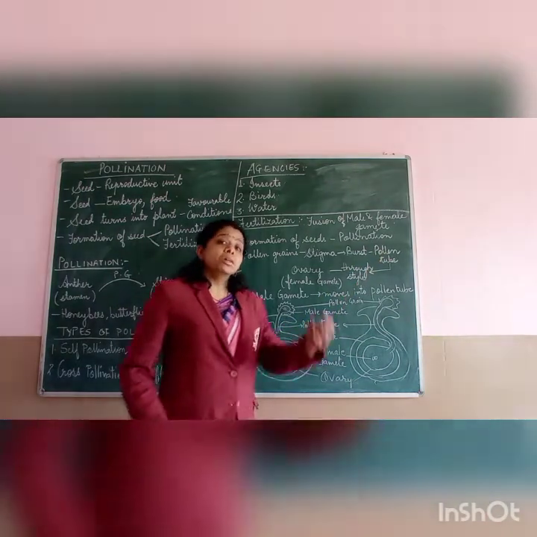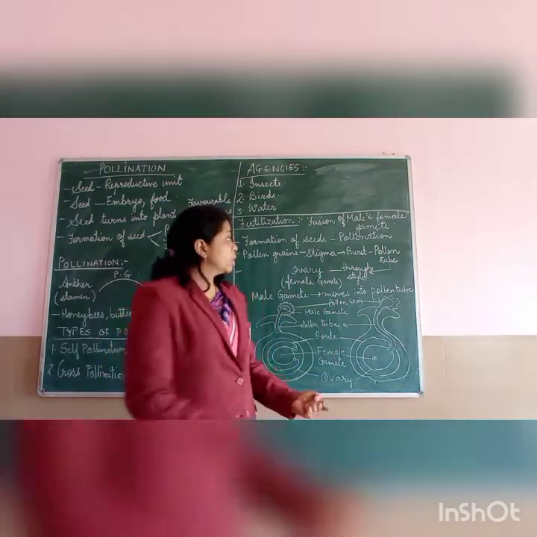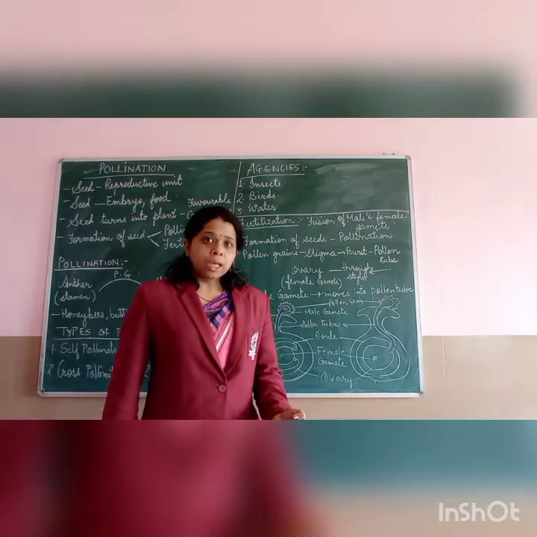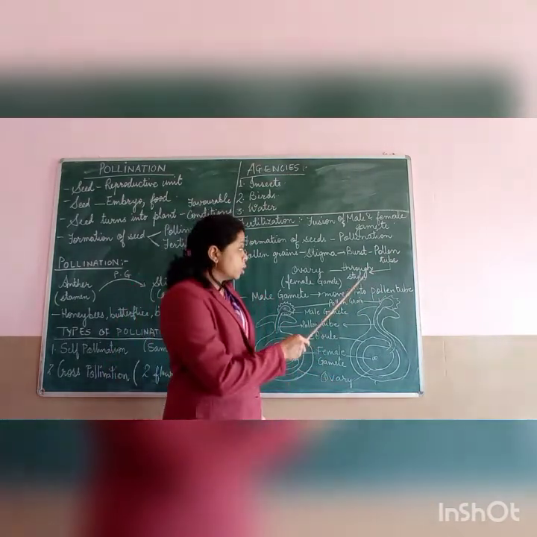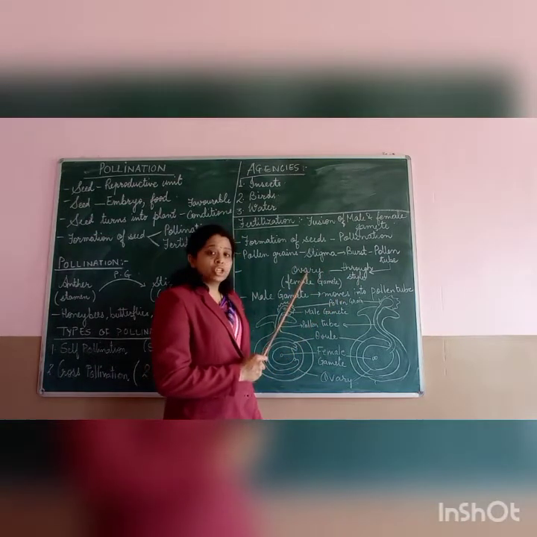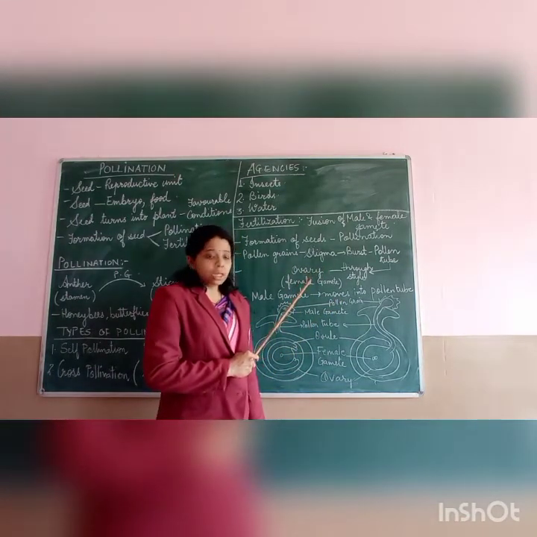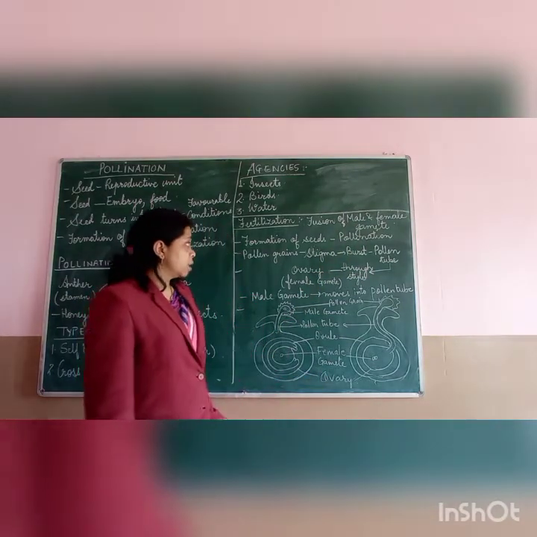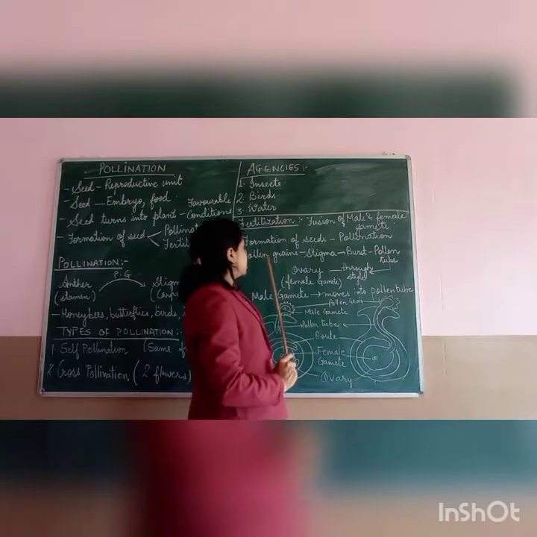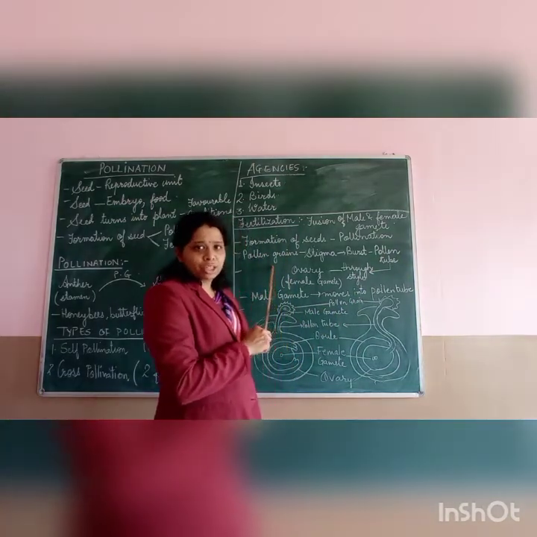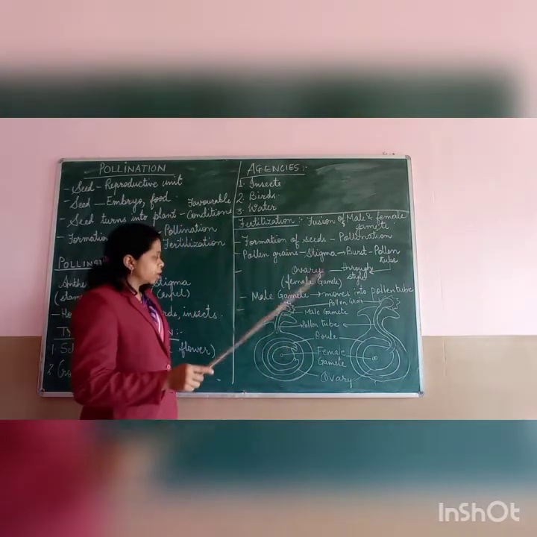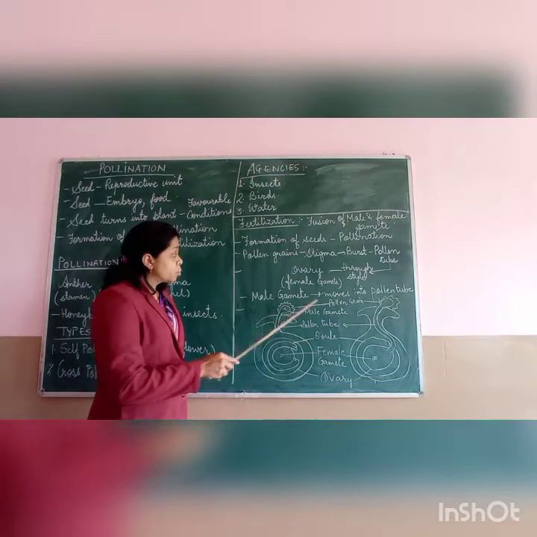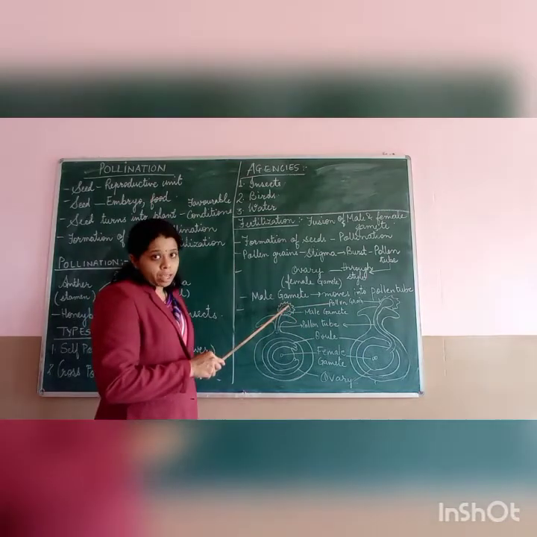A pollen tube starts developing. It starts moving down through the style and will finally reach the ovary where the female gamete is present. Let me tell you one more thing: the pollen grain carries the male gamete. Children, have a look at the figure. This is the male gamete which is present inside the pollen grain.